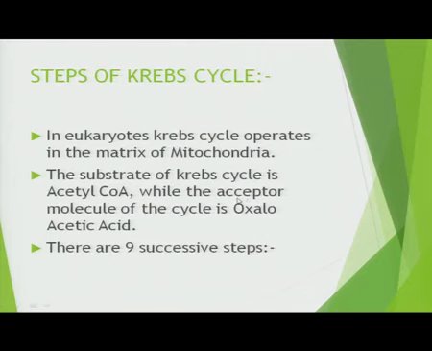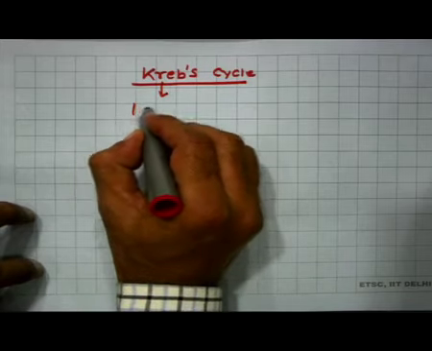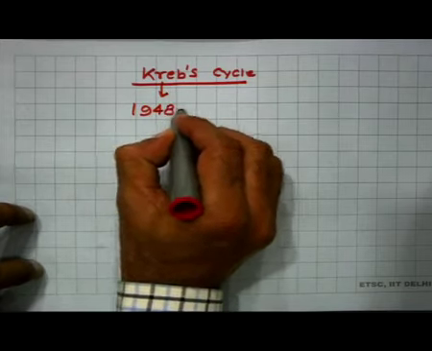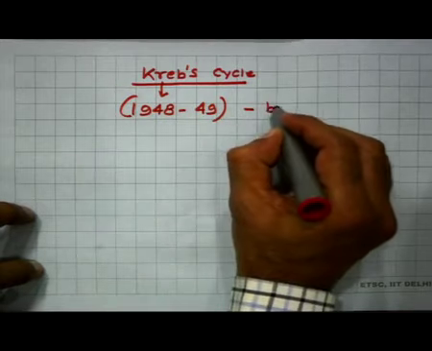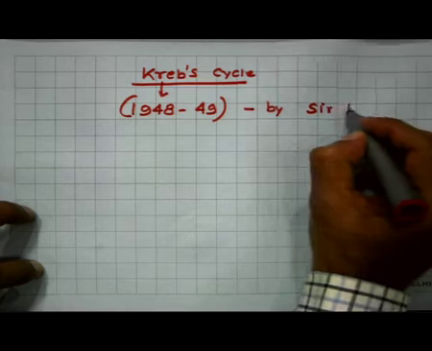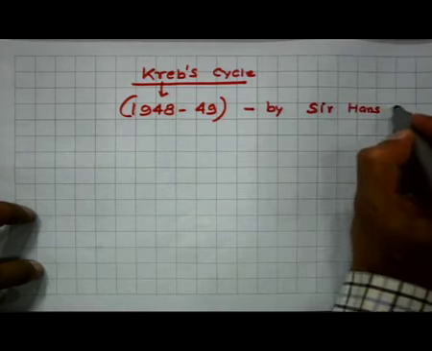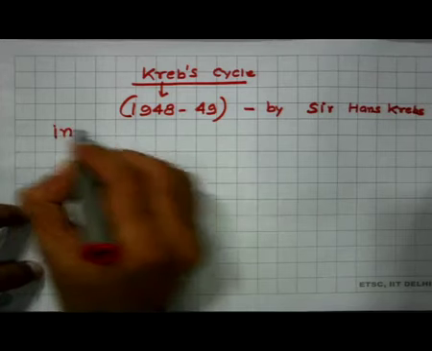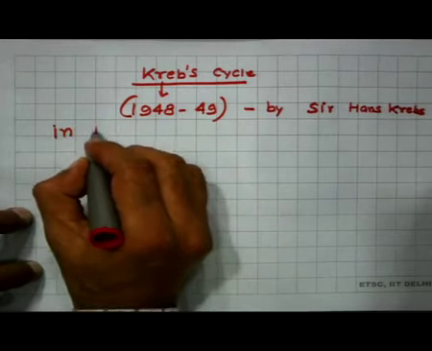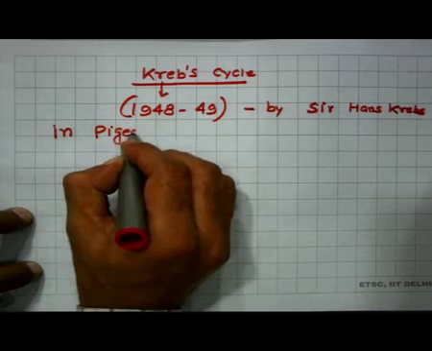The Krebs cycle was discovered in 1949 by Sir Hans Krebs. It was firstly seen by Krebs in pigeon muscles.